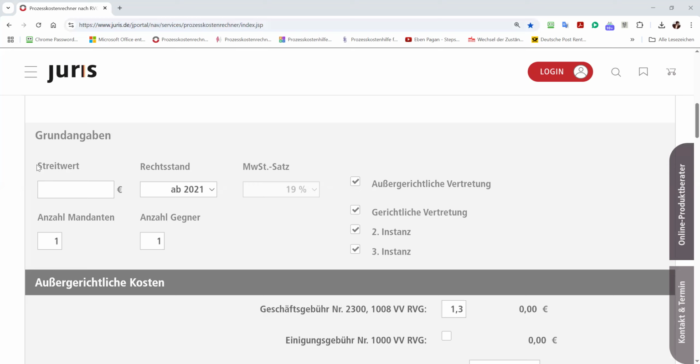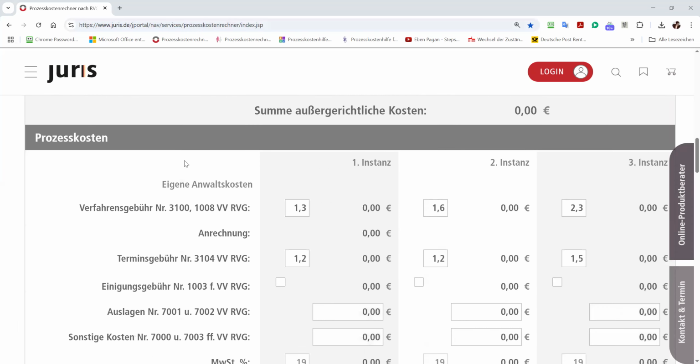Okay, so let's start with the first scenario. You go directly to court and hire an attorney who had not previously represented you out of court. So this is the first time you hire the attorney. Now, in this case, the attorney earns two types of fees, the so-called procedural fee and the hearing fee for the oral hearing.